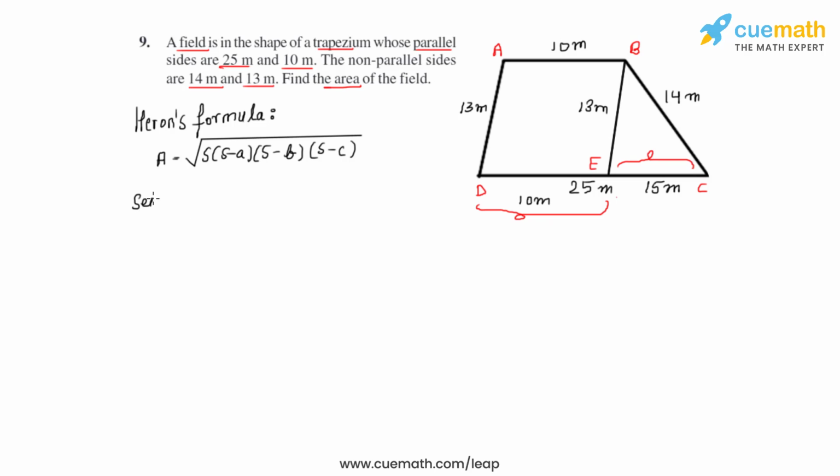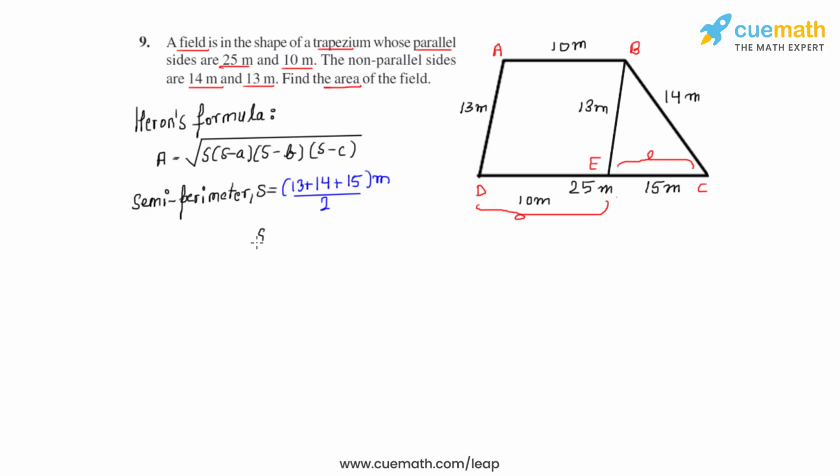So we will have to find the semi-perimeter, which can be found by adding up the three side lengths and dividing by 2. So let's add 13 plus 14 plus 15 and divide that by 2.